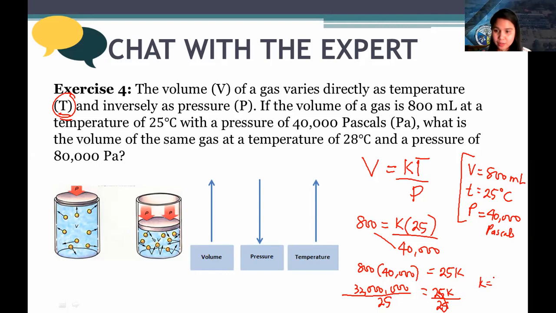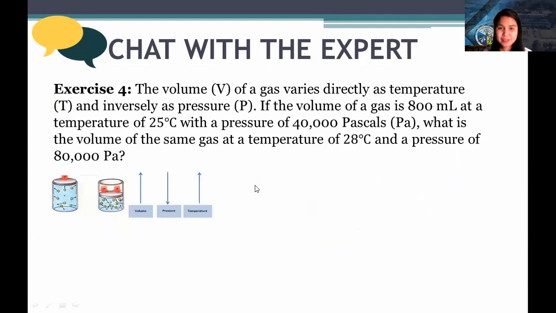You have 1,280,000. That's our K. Now, let's write our K here again. Ready? Our K is 1,280,000. What's the second set of given?